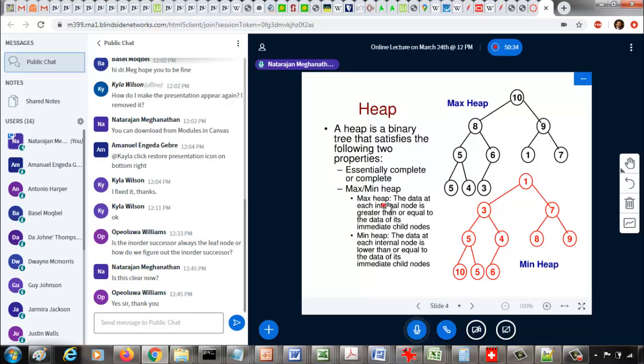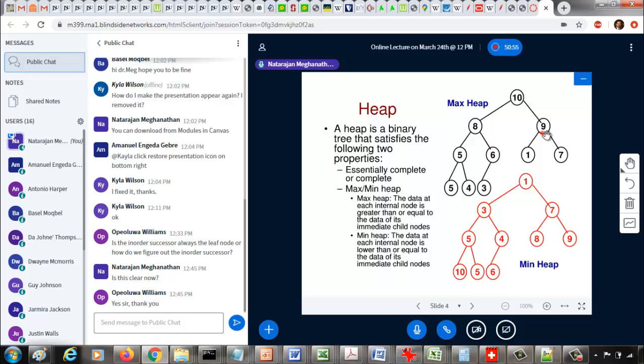The rule for a max heap is this: the data for every internal node should be greater than or equal to the data of both its immediate child nodes. In this case, 10 is greater than or equal to both its child nodes, 8 and 9. It could also be 10, 10 and 9.